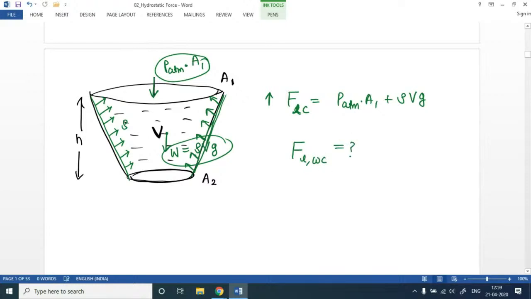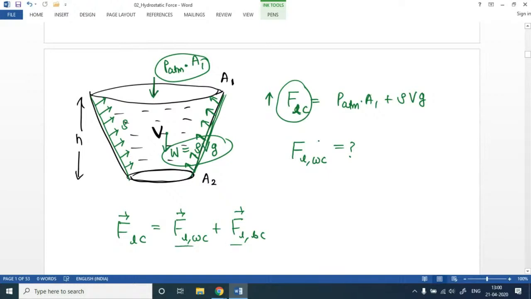This quantity I wish to find out. If we have found out FLC, the force exerted by the container on the liquid would be the force exerted on the liquid by the wall of container, plus the force exerted on the liquid by the base of container. That would be the vector sum of these two quantities.